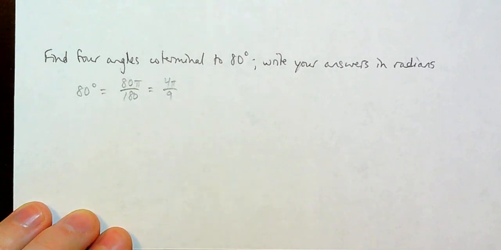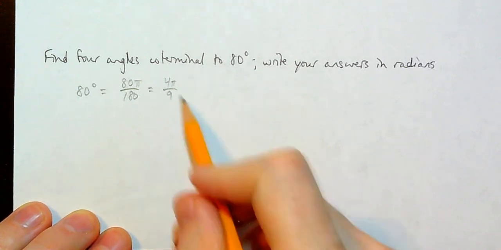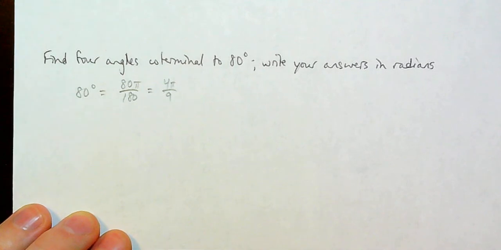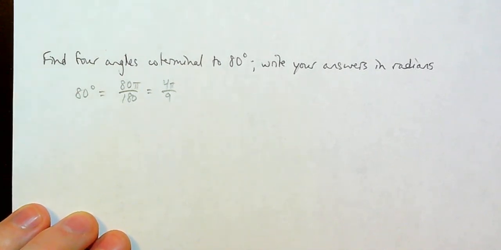Now I need to add or subtract multiples of 2 pi onto this thing here. And you do have to write these things in one fraction. You can't just write 4 pi over 9 plus 2 pi, 4 pi over 9 plus 4 pi, things like that. You do need to write your answers in each one in a single fraction.